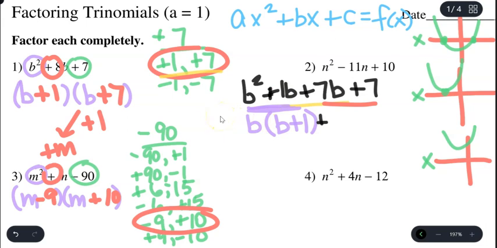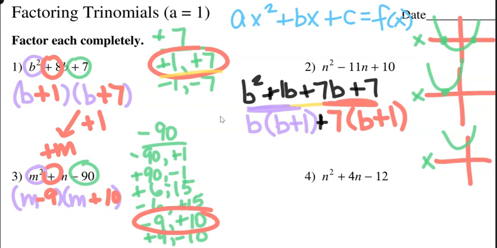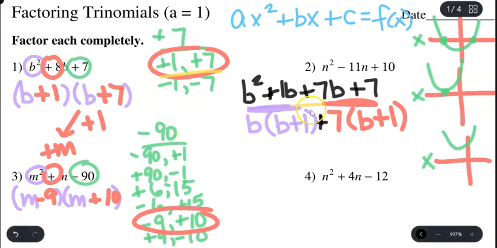Now let's do it with the second group. That plus sign stays. What do 7b and 7 have in common? They both have a 7. I factor out a 7, which gives me just b from the 7b, and a 1 from the 7. So I've grouped them and I'm set up to look at the greatest common factor on a grander scale.